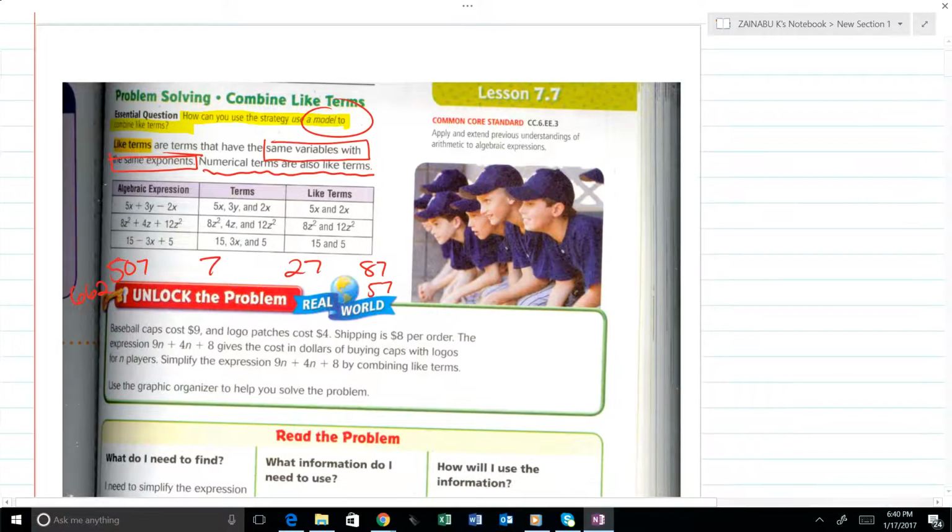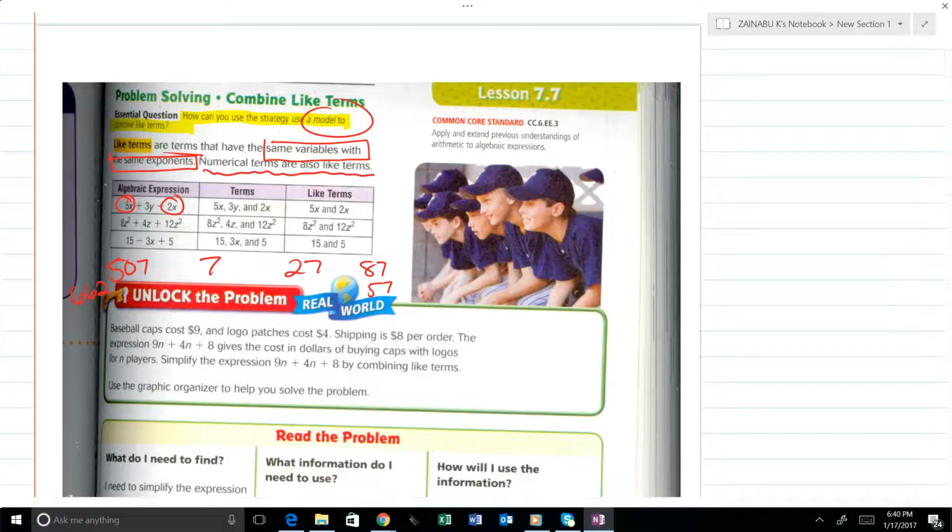Nonetheless, they've got some algebraic expressions in which you see like terms. The 5x, the 3y, and the 2x, of which 5x and 2x are like terms. 3y is not a like term because it doesn't have the same variable. And the next one, 8z squared plus 4z plus 12z squared.